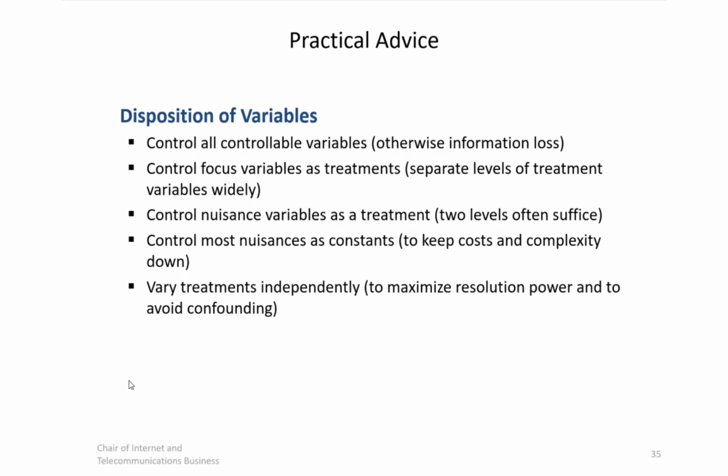Control nuisance variables as treatments, and control most nuisance as constants, as many as you can, to keep costs and complexity down, and vary treatments independently to maximize resolution power and to avoid confounding outcomes. Basically saying have a full factorial design.